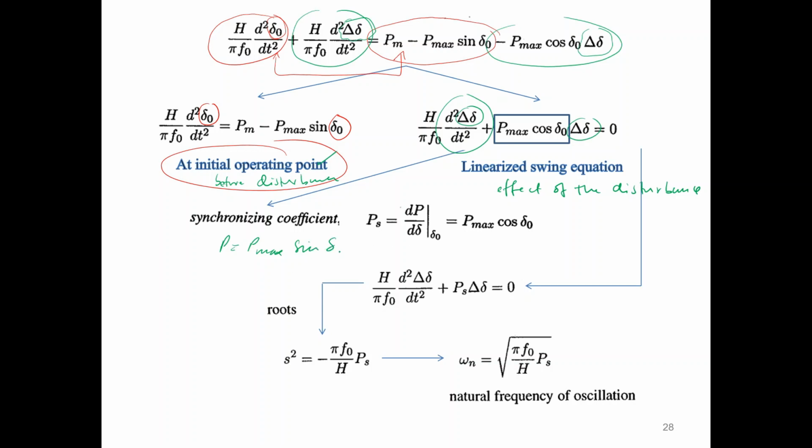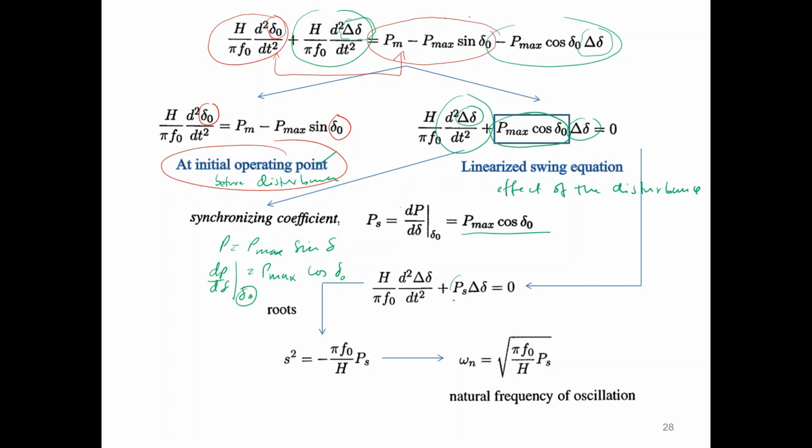So the derivative dP by d delta is P max cosine of delta. We substitute delta 0, the initial condition, so this becomes P max cosine delta 0. This term is what we call the synchronizing coefficient.